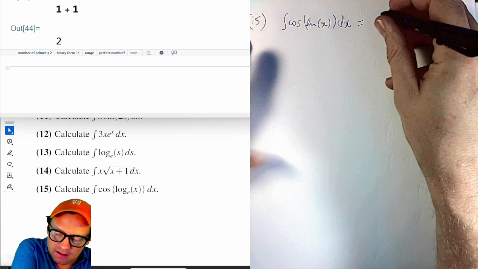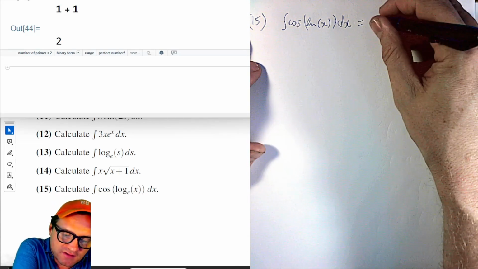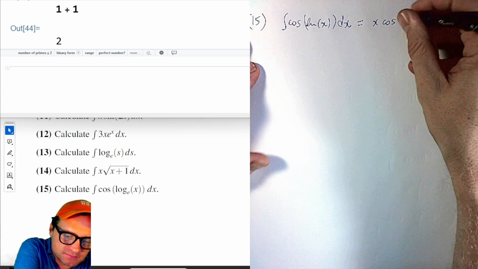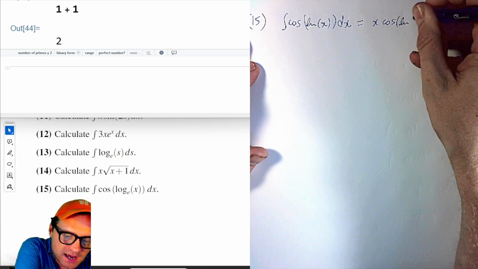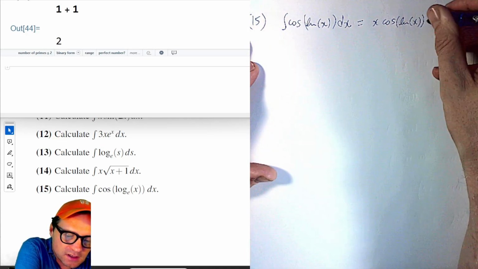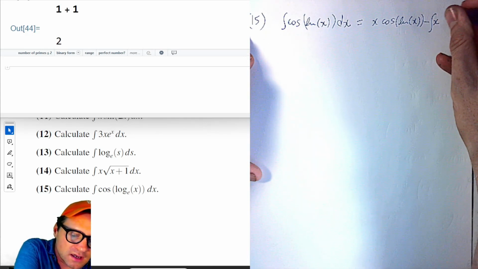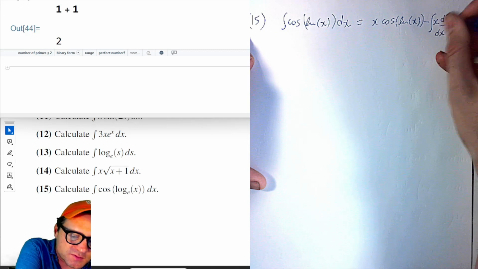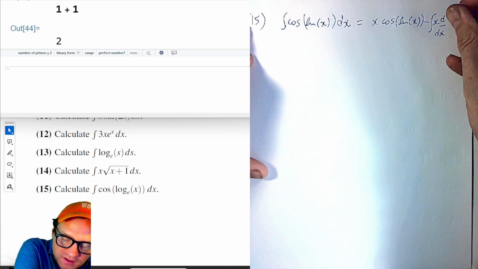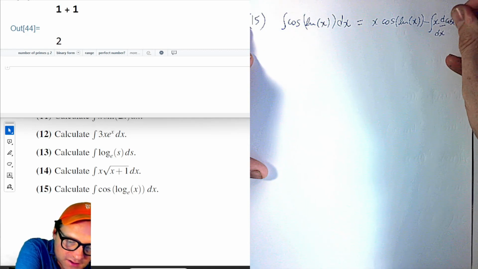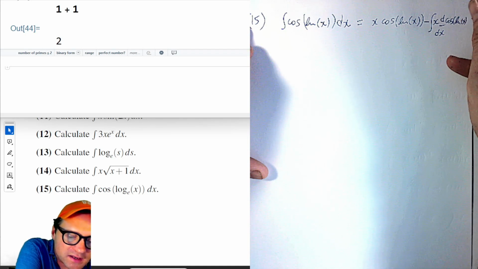So we have x cos natural log of x, and then we subtract x times the derivative with respect to x of cos of natural log of x.